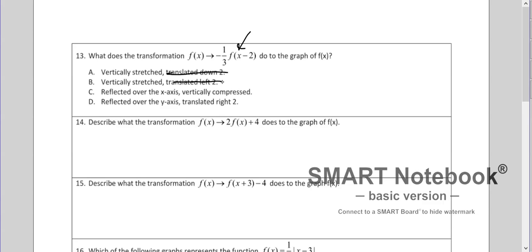So it cannot be A or B. With the negative outside here, it is reflected over the x-axis, not the y-axis. Now, like I said, it is actually moving right 2, but it's not over y. So by process of elimination, it is C.